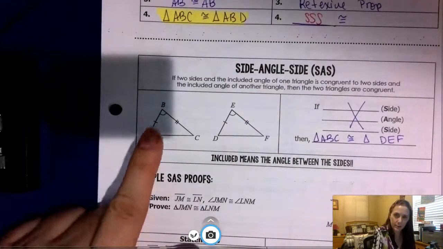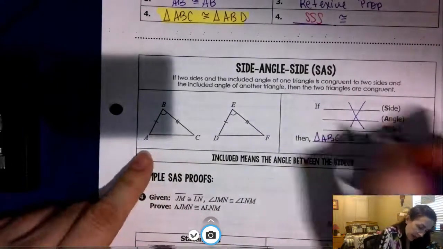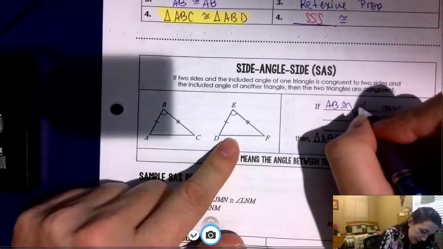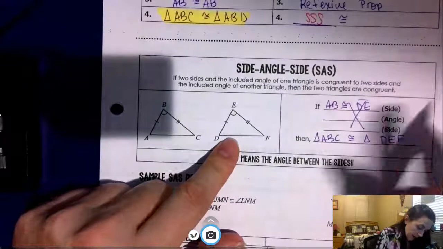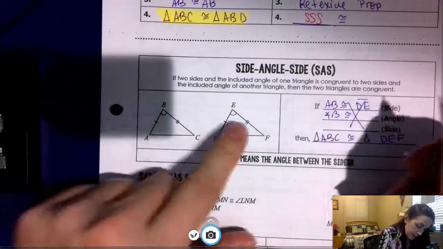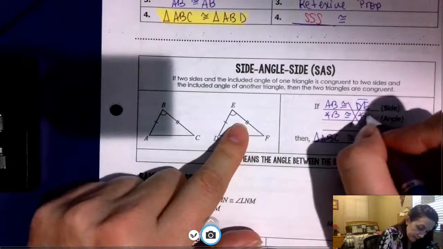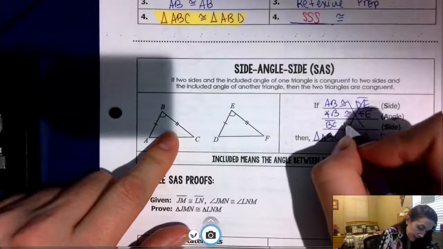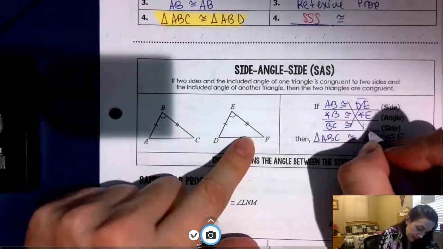So it probably doesn't hurt to write it down. You would say AB is congruent to DE. The angle would be angle B is congruent to angle E. Side would be line segment BC is congruent to line segment EF.